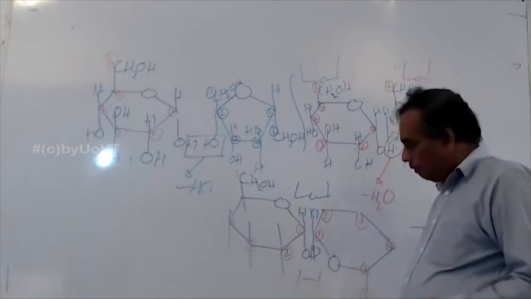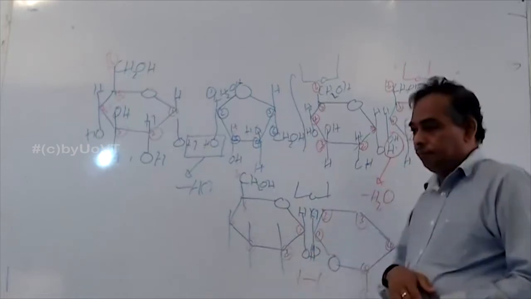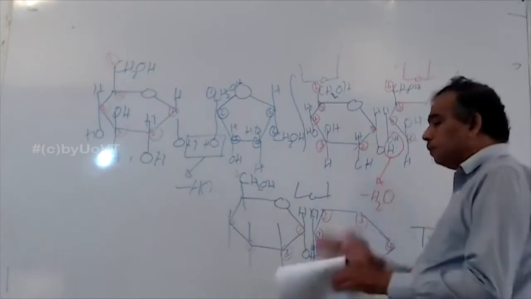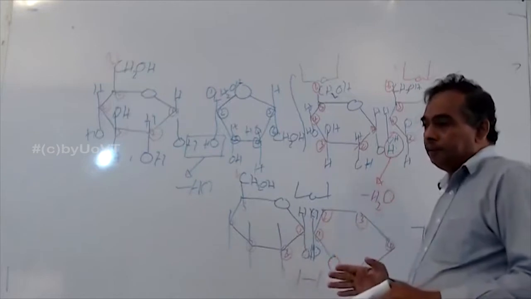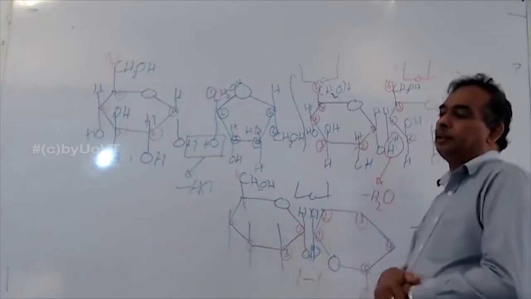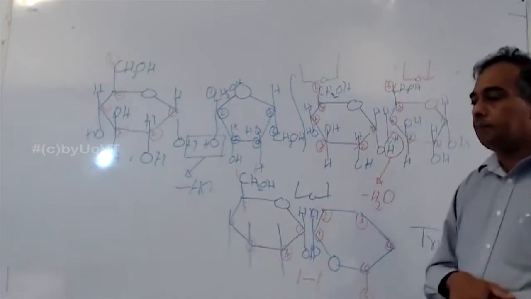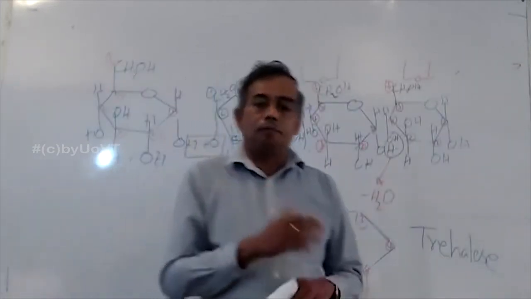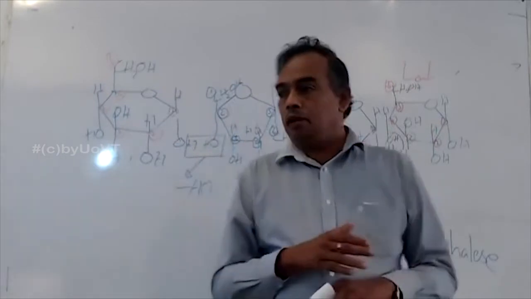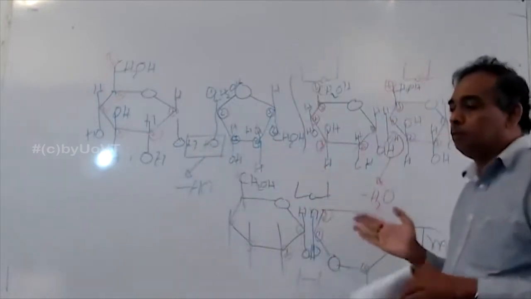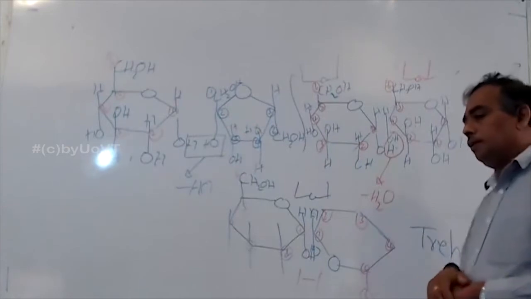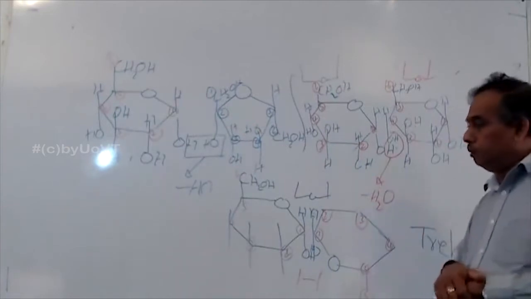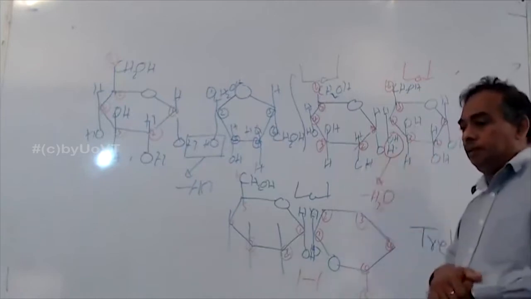What is the difference? The difference is the bond formation. Depending on the form of the bond, the total property of the sugar can be changed. That is the interesting point of biochemistry. Depending on the form and positions of the bond, the total property of those compounds can be changed. Then we will see what the important properties are based on this information.